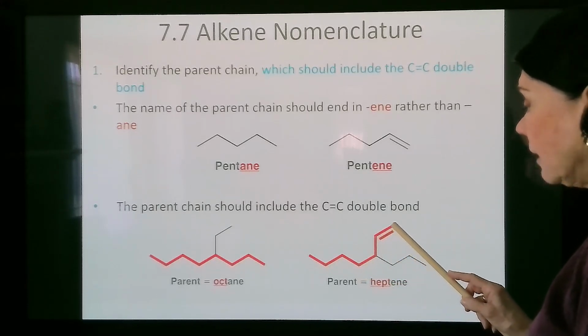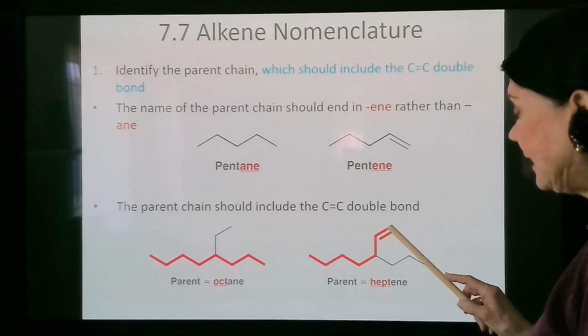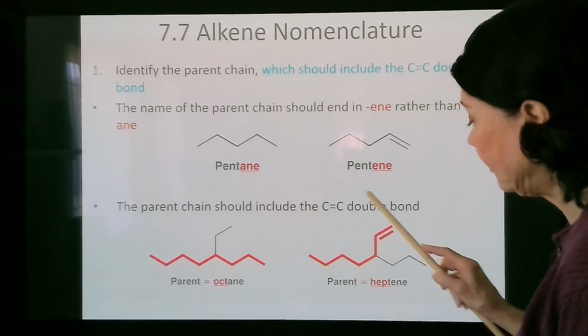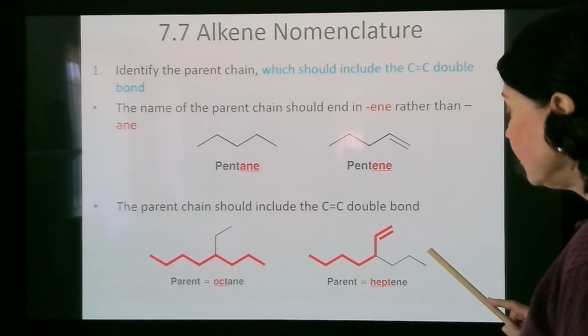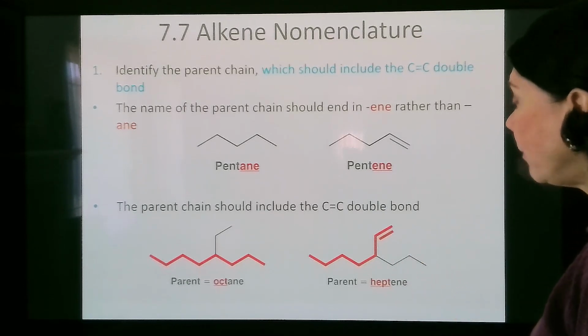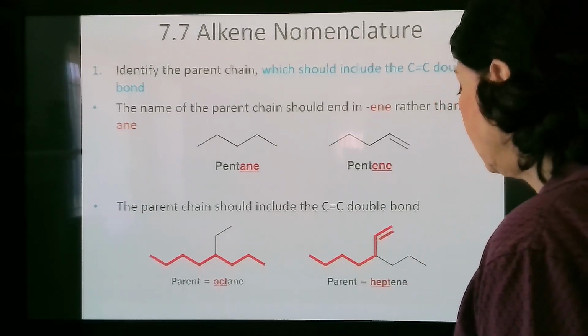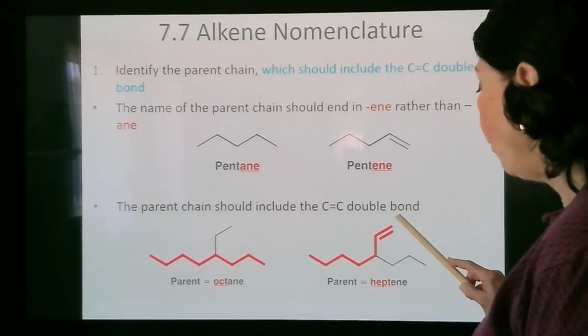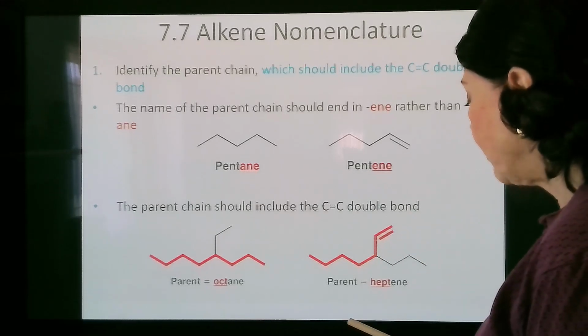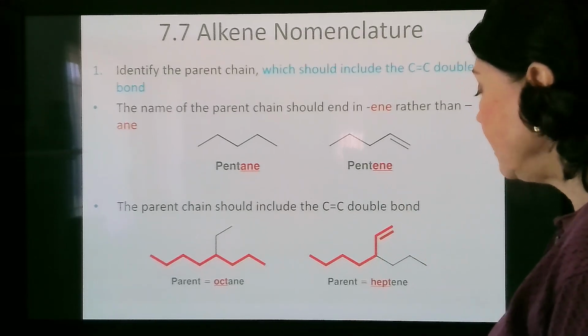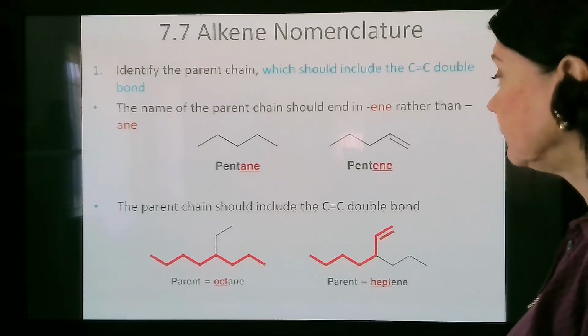So this will not be octene, this will be heptene because you're going to go this direction when the double bond is up here. So this is going to be propyl-heptene. So this would be 1, 2, 3 propyl, 1 heptene.